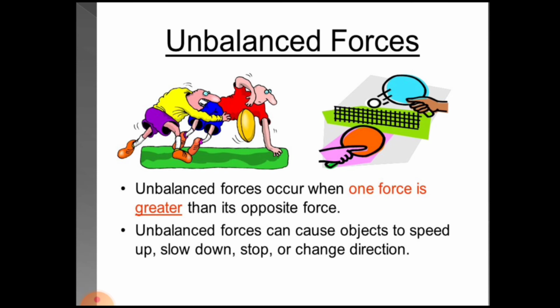If an object is moving with a certain speed and an unbalanced force is applied on it, then the speed can be increased. At the same time, that unbalanced force can slow down the speed of an object. Or if a ball is rolling on the floor and you apply a force, if that unbalanced force is good enough, then you will be able to stop the ball, or you may be able to change the direction of the object. Okay?